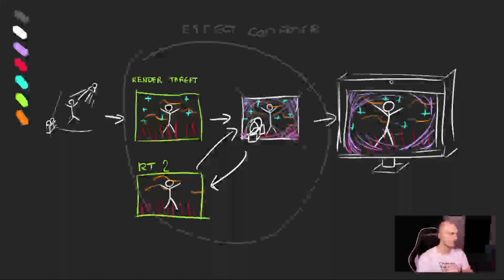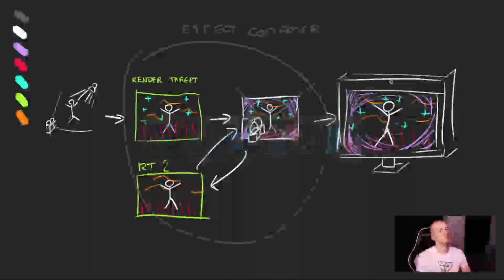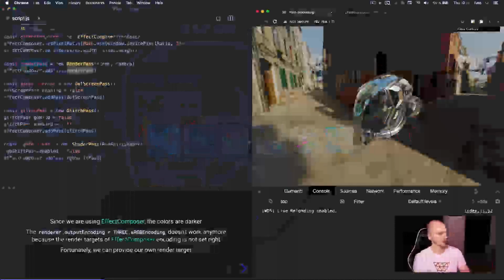We don't use the ping pong buffering stuff. We just draw on the screen just like we did before with one renderer, no Effect Composer, which is why we don't have a problem. But if we have any pass, we go into that loop of render targets, stuff like that, and this is where the colors start to go wrong.